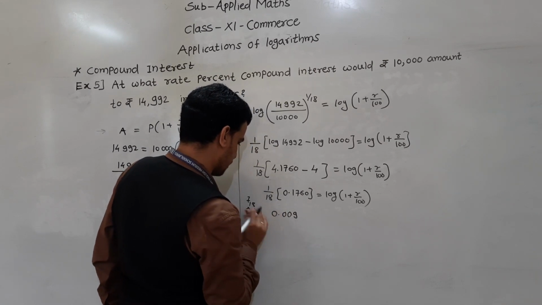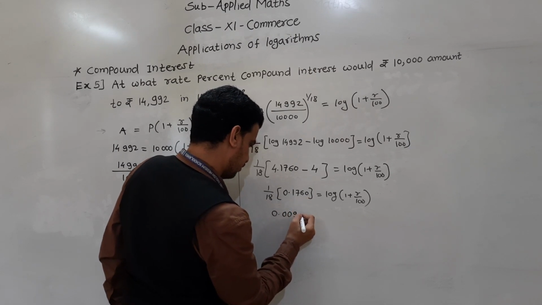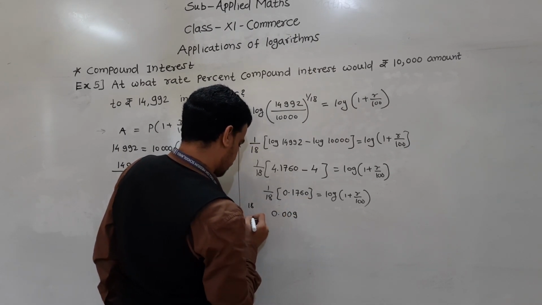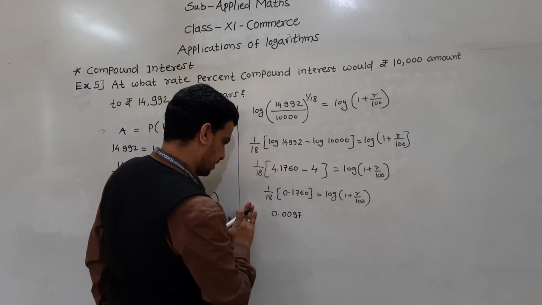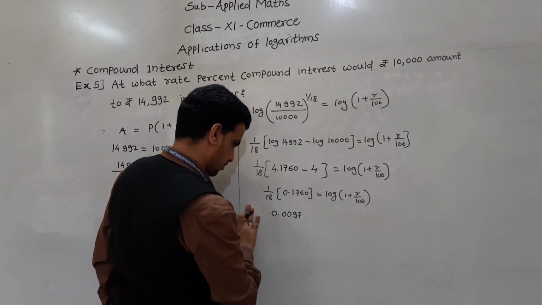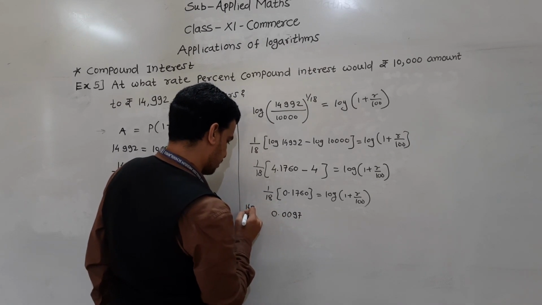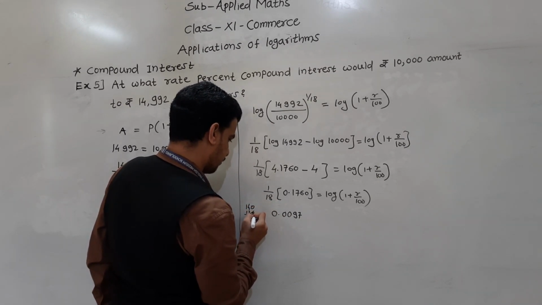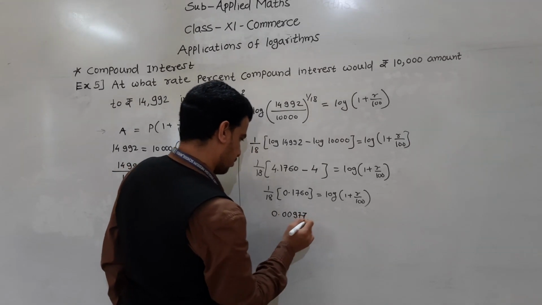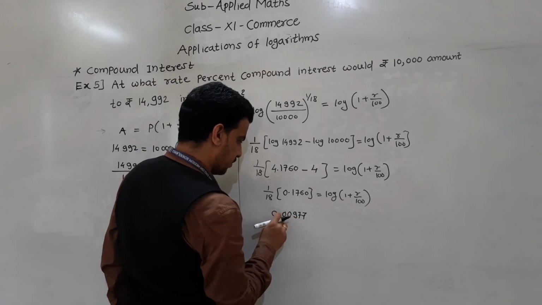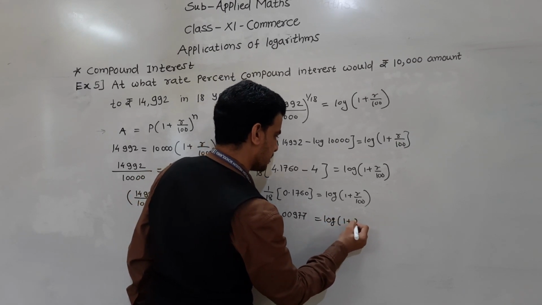So 176 minus 162, 14. So 140 remains. 18 sevens are 126. So 140 minus 126, 14 remains. Again. So it is 0.00977 is equal to log of 1 plus r by 100.